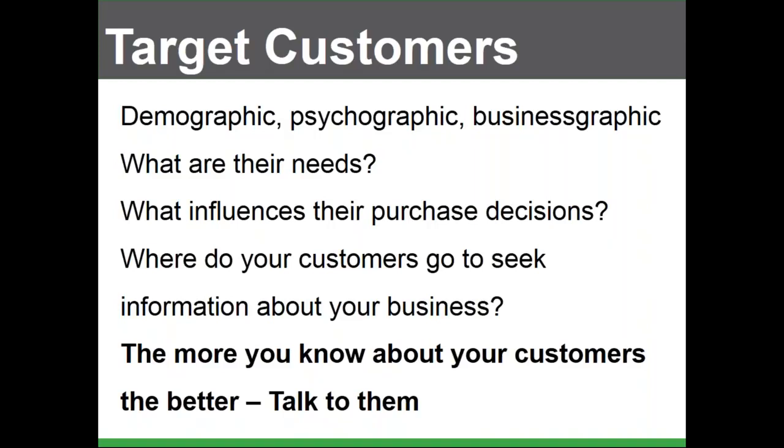You know, how old are they, are they male or female, if you're selling to businesses, what businesses are they from? Because one of the things you want to try and identify is commonalities. That's the thing you want to do. Because once you know who your customer is, then you can develop marketing tools to go after them.